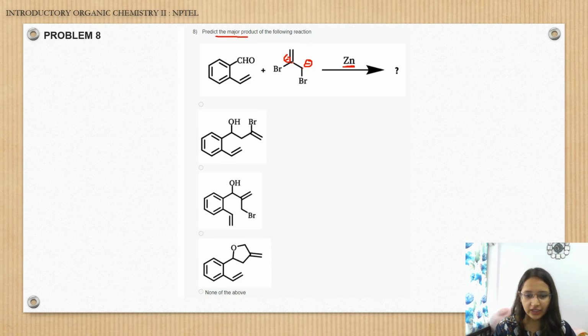Very good. sp2 alkene is very less stable because it is not stabilized. The negative charge on sp2 hybridized carbon is very, very unstable. Here, if you have this kind of negative charge generated, then it will delocalize with this particular thing. But in this case, the sp2 anion is very unstable. That is why zinc will insert in the C-Br bond of this primary carbon.